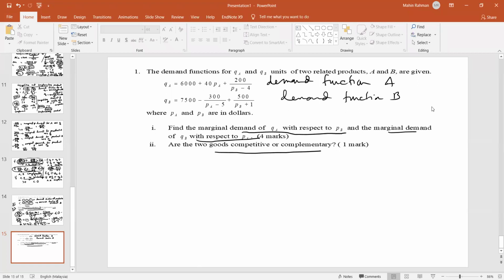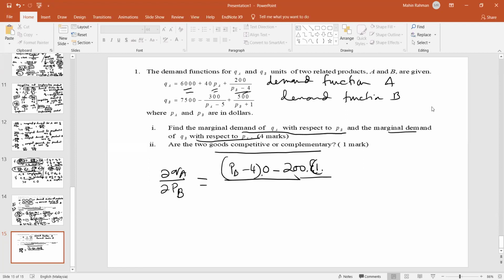So we can do delta QA by delta PB. This will be 0, and this will be for delta PB, right? This one will also be 0 because PA is constant. And here it will be PB minus 4 times the derivative of 200, which is 0, minus 200, then the derivative of this one will be 1.